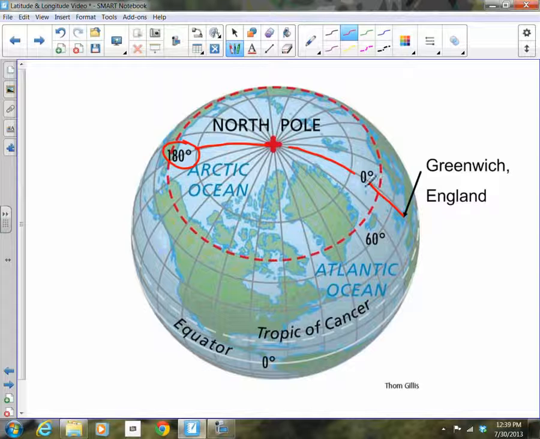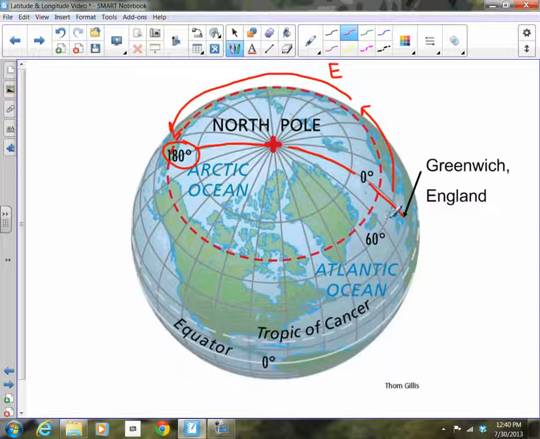So if we start at the prime meridian and we travel eastward, our longitudes would be getting higher. The numbers go up all the way until we reach the International Date Line, 180 degrees. This whole side of the Earth is the Eastern Hemisphere.